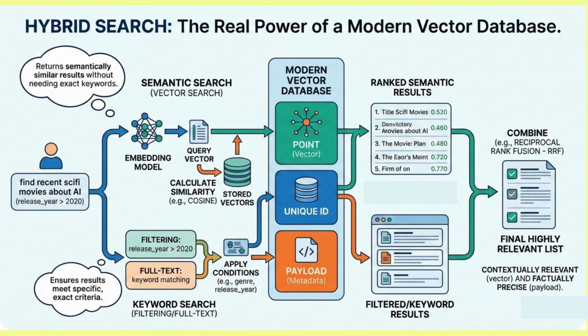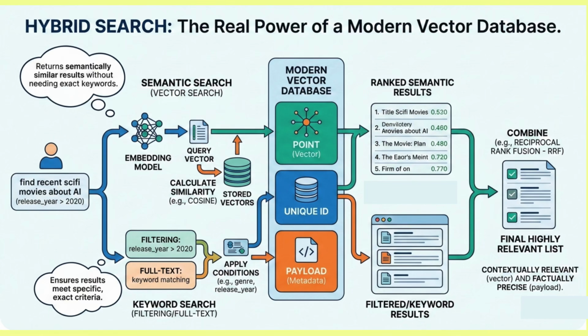It returns results that are semantically similar to your query, even if they don't share any of the exact same keywords. For example, a search for small furry animal companion might return documents containing the word cat or dog, even though those words were not in the query. The component used here is the vector.